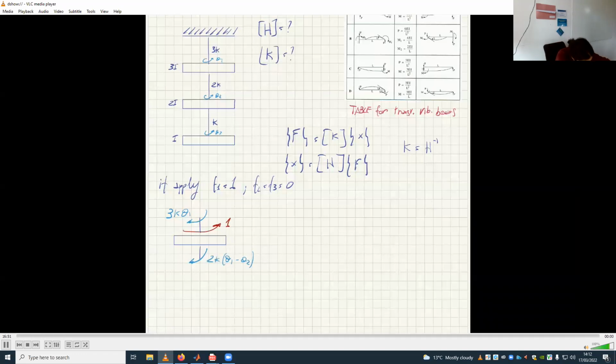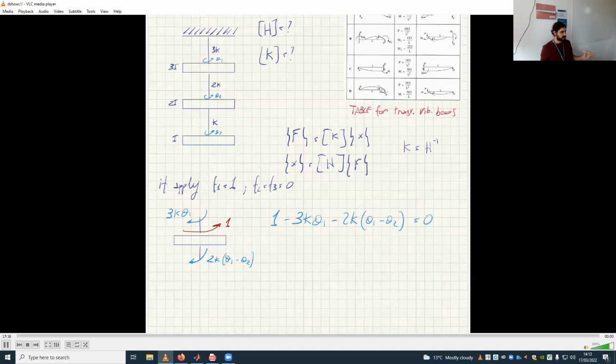So I can look at it and see that the equation is 1 minus 3k θ1 minus 2k (θ1 minus θ2) equals 0. Because this is statics.